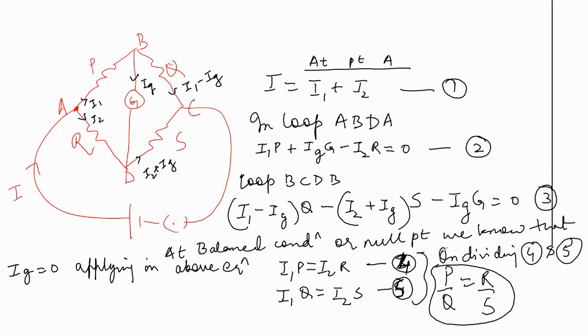So the balanced condition we have proved using Kirchhoff's law. This can come in your board exam as a proof: prove the balanced condition of a Wheatstone bridge by using Kirchhoff's law.